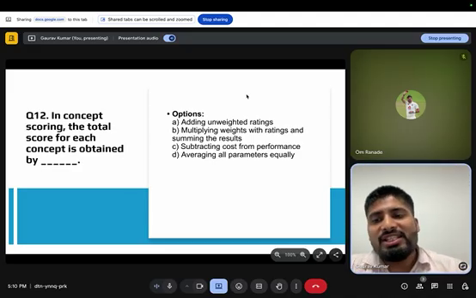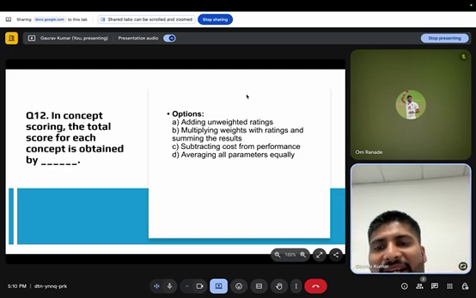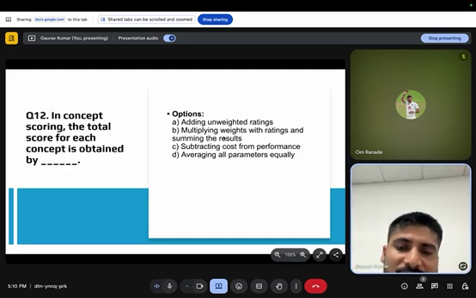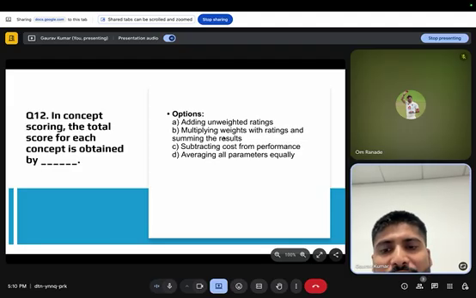So the weighted sum method is the mathematical core of concept scoring. Each criterion's rating is multiplied by its importance weight, and the products are summed to obtain a composite score. This ensures that highly significant factors influence results proportionally more than minor ones.